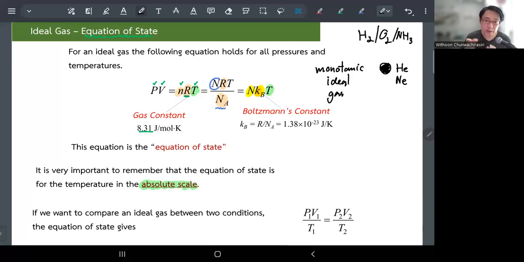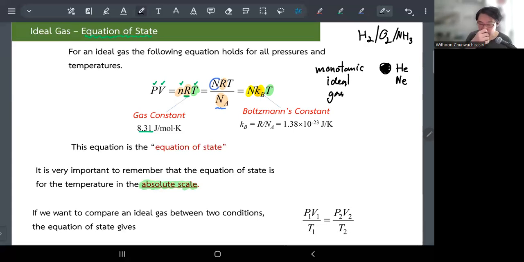And of course, once we understand this, the extension to diatomic, triatomic, and polyatomic gases and all those can be done, even though things will be exponentially more complicated. So just to keep things simple and clean, we're going to focus on monatomic ideal gas. That's just our agreement here.